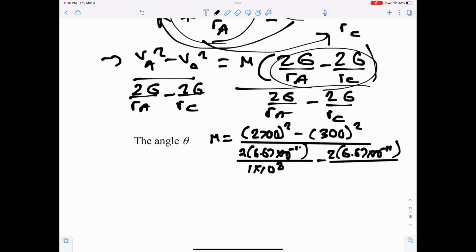We found that just a few moments ago at 9 times 10 to the 8 meters. Okay, go ahead and take a second to plug that in your calculator. You should have gotten a value very close to 6.1 times 10 to the 24 kilograms.